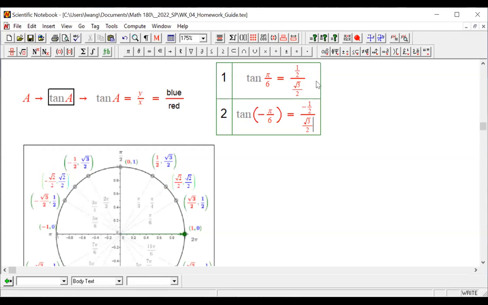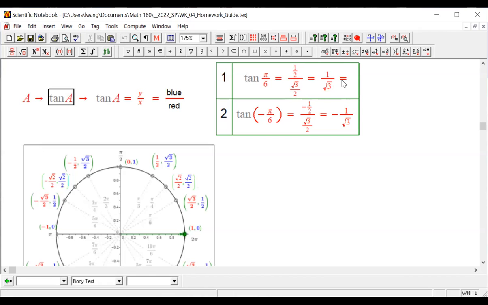So what do we see here? On the top, we get 1 over √3, and on the bottom we get negative 1 over √3. They're opposite. And of course, we ask you to rationalize it.